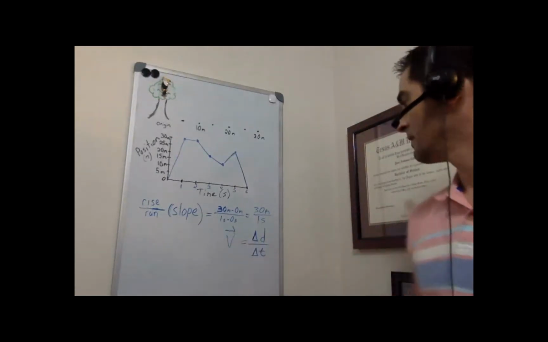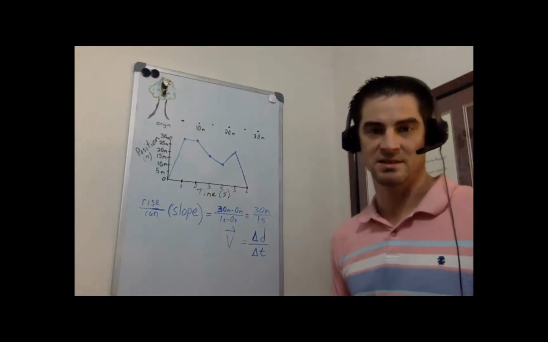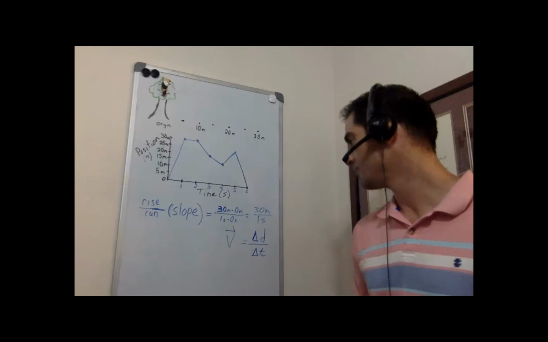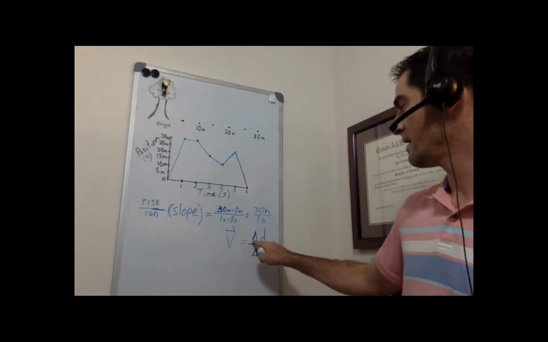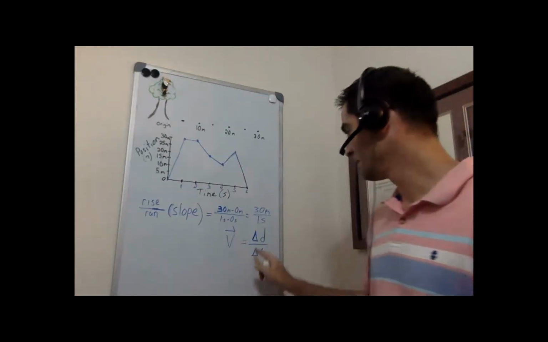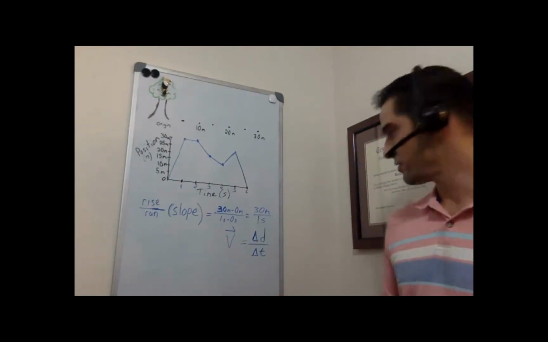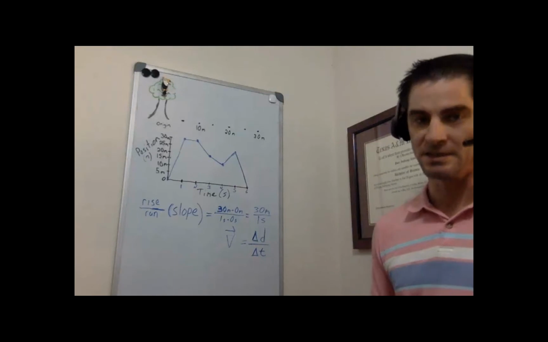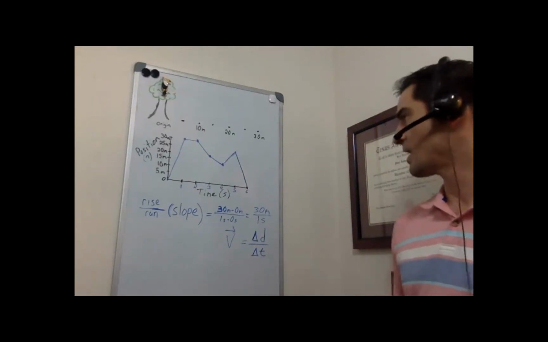Velocity is change in distance over change in time. The triangle here is the Greek letter delta, which represents change. So delta d over delta t is change in distance divided by change in time.